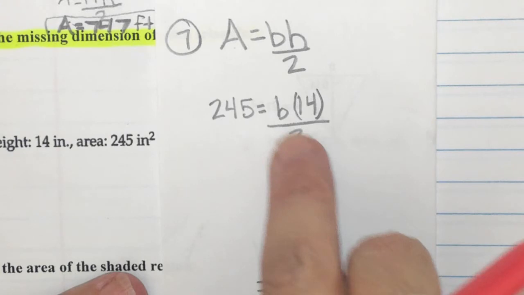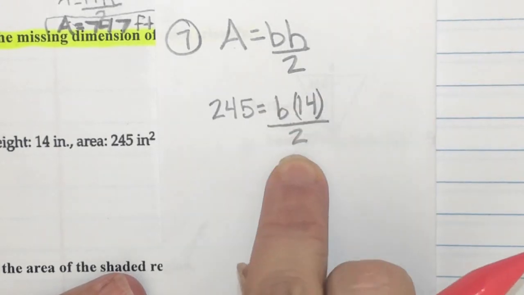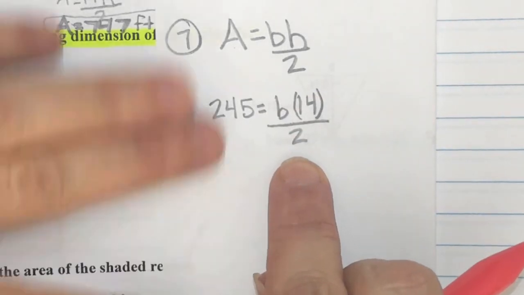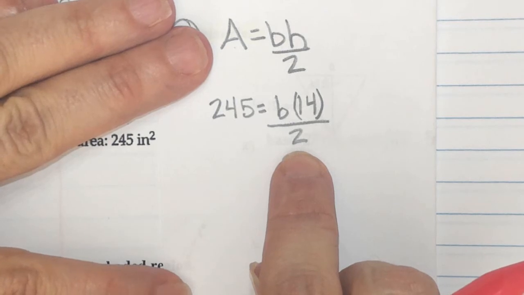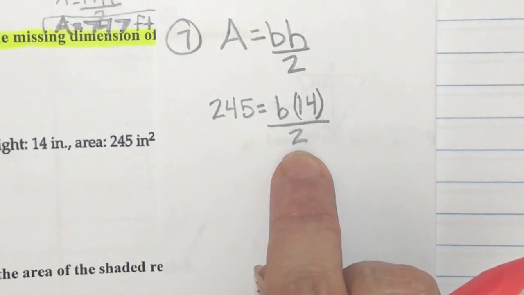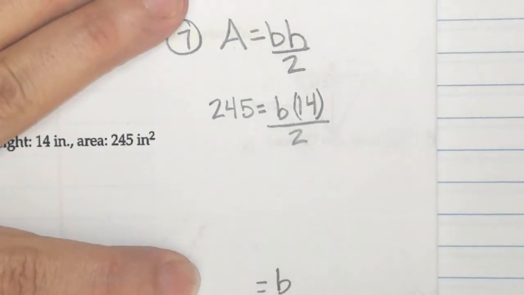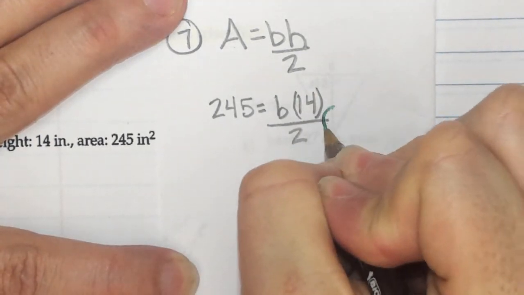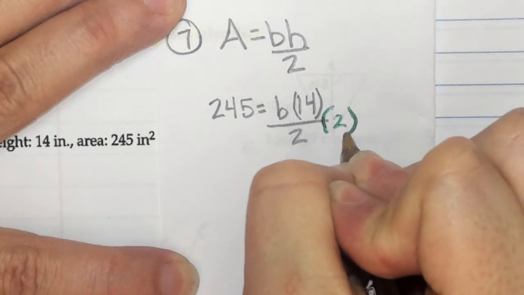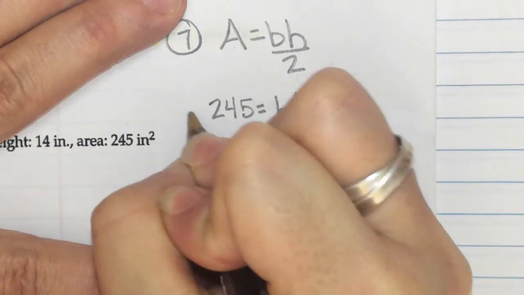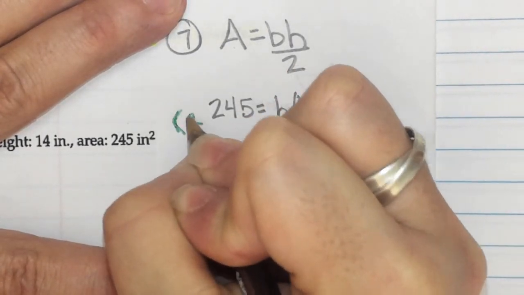So we got to get rid of these other numbers. So the first number you get rid of, because it's on the bottom and it would be the last step, is the divided by 2. Well, what's the opposite of divided by 2? Times 2. So, I'm going to do times 2 on both sides, because we learned what we do to one side, we do to the other.